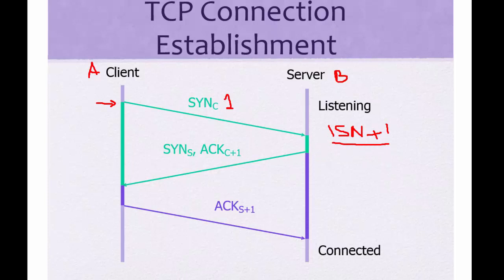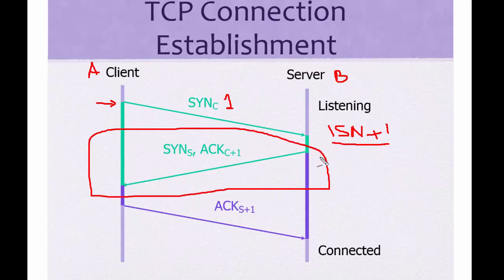Now let's see what happens in step 2. Device B receives A's TCP segment and returns a TCP segment with SYN equal to 1 and acknowledgement equal to 1, and an initial sequence number of 5000, which is device B's initial sequence number.